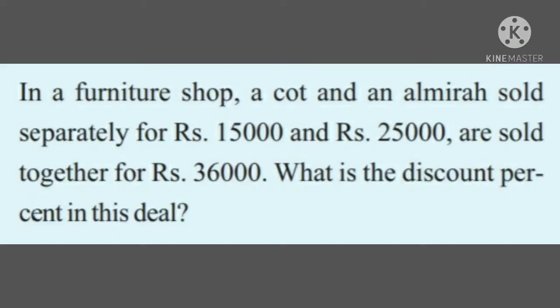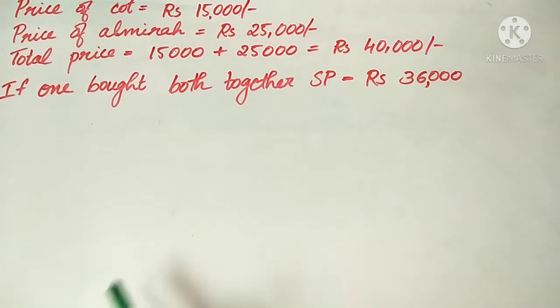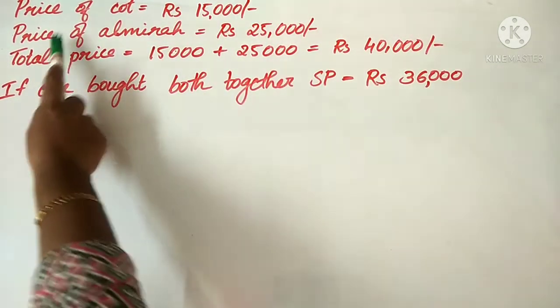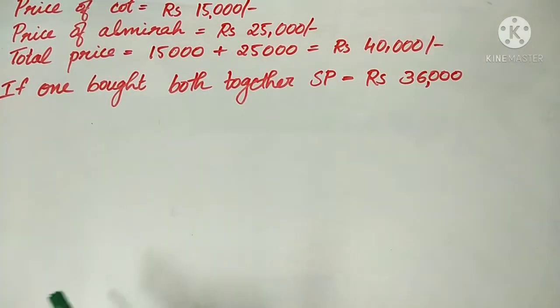Next question. In a furniture shop, a cot and an almirah sold separately for rupees 15,000 and rupees 25,000 are sold together for rupees 36,000. What is the discount percent in this deal? According to the question, price of cot is rupees 15,000, price of almirah is rupees 25,000.